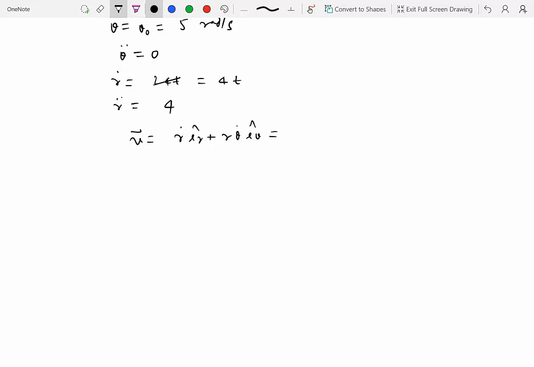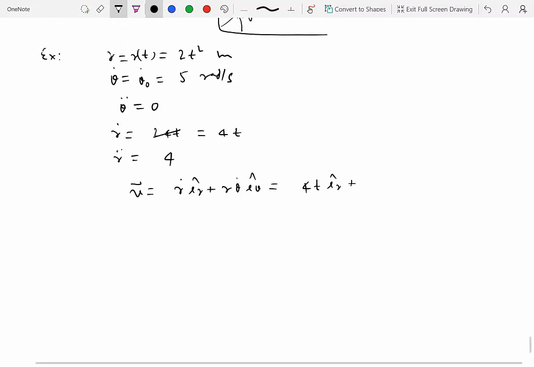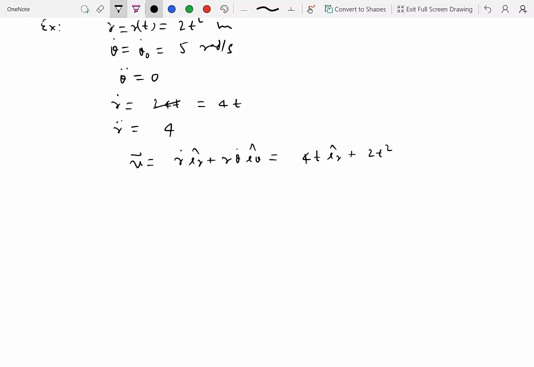R dot is equal to 4t er hat plus r is 2t square, right? And theta dot is 5, so that's 5 e theta hat meters per second. So everything is a function of time. So if you're looking for velocity at any given time instant, you can substitute that t value in this expression and get the velocity, right?